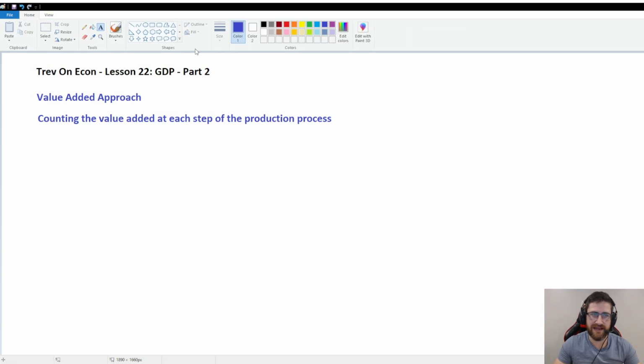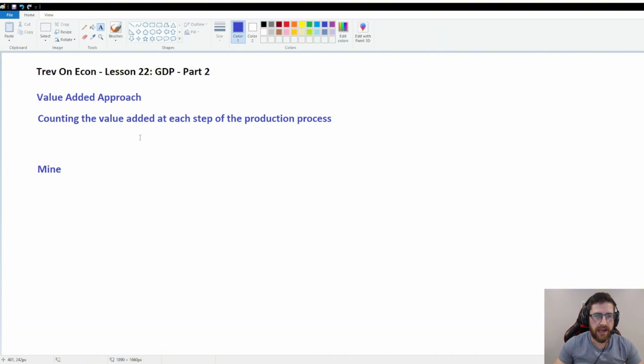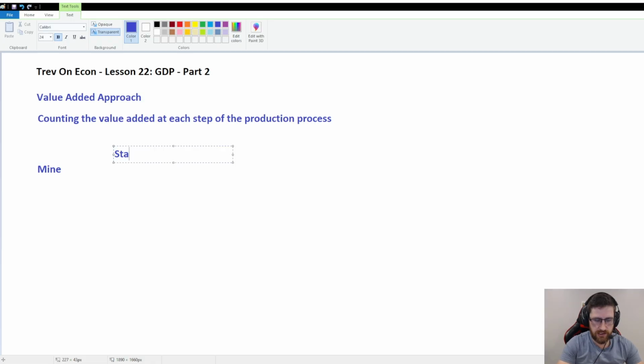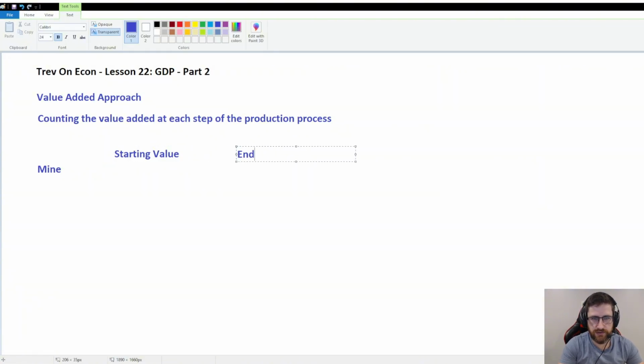So what do I mean by that? Well, we're going to set up a simple example. We are going to have a mine, so a mine in the ground, big hole, and they are going to have a starting value and an ending value. Actually, let's say value added.